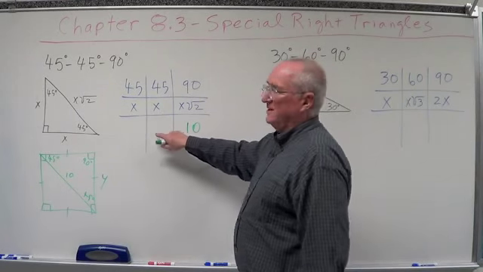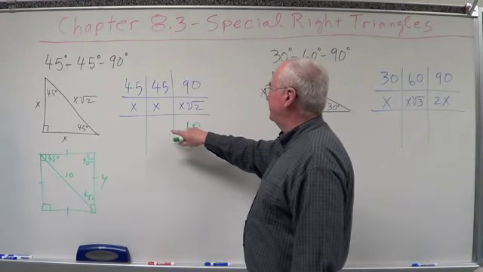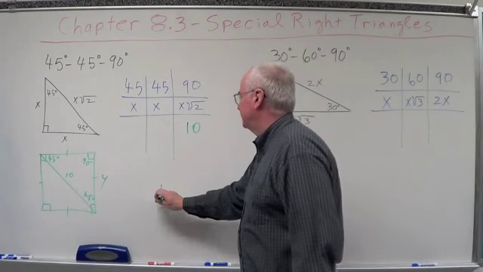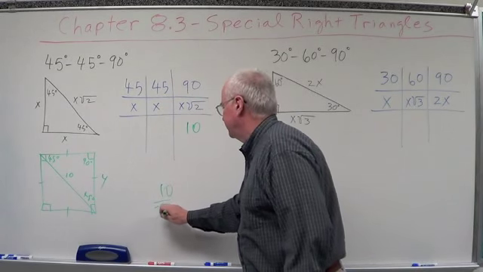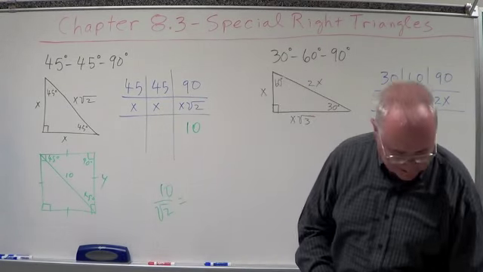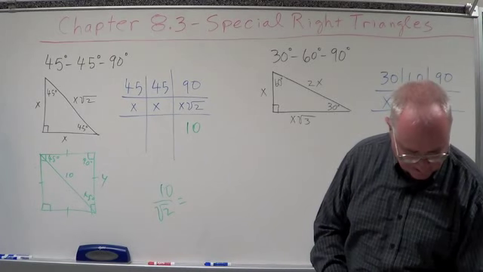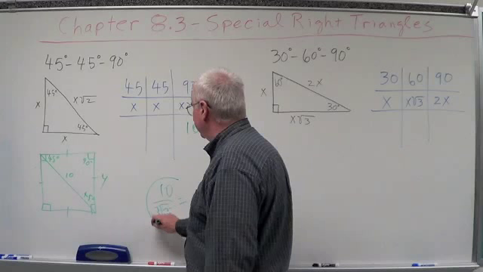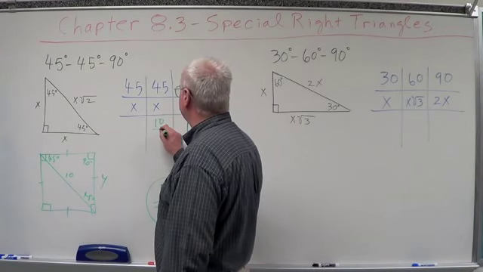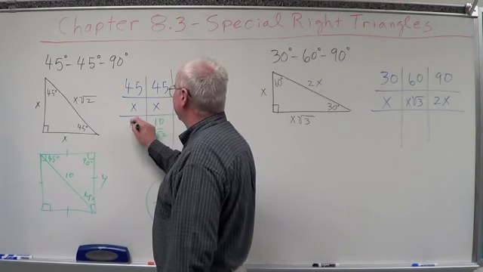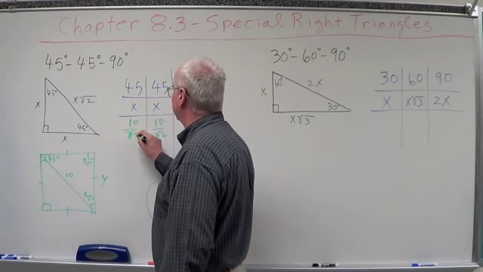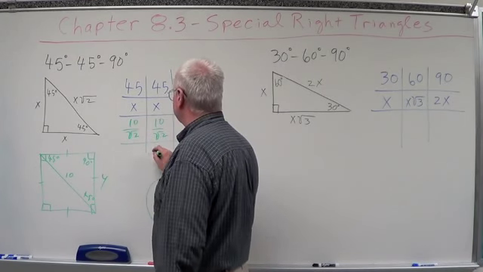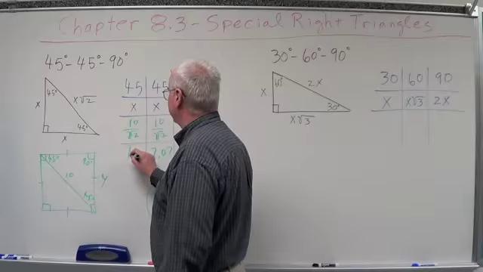What did we do to get rid of that square root of 2? We divided by it, so what do we got to do with this? I got to do some calculation. When I do this calculation, this is going to be 10 divided by the square root of 2. And when I do that, I come up with 7.07.